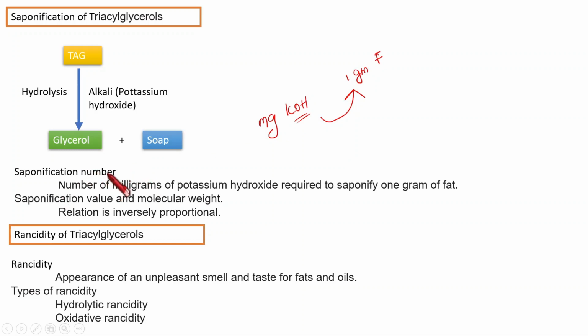And this saponification number has a relationship with the molecular weight of the fat. What is the nature of that relationship? An inverse proportional relationship exists between saponification value and molecular weight. As the molecular weight increases, the saponification value decreases.